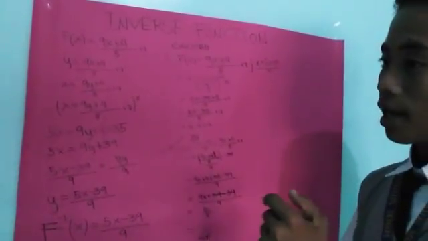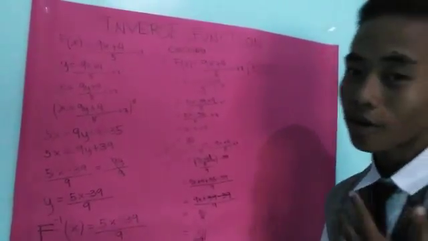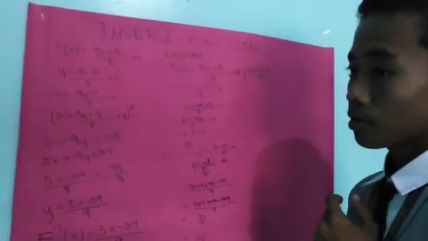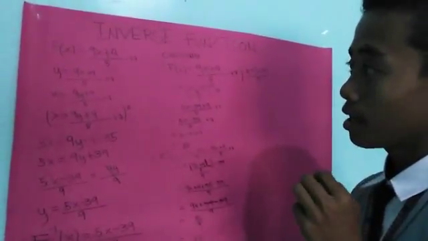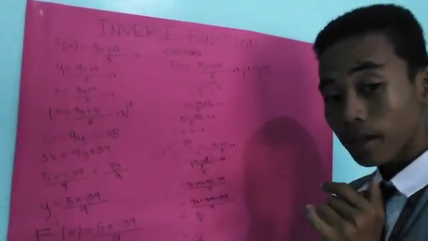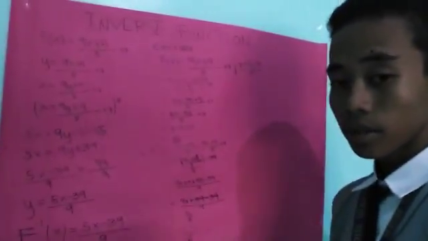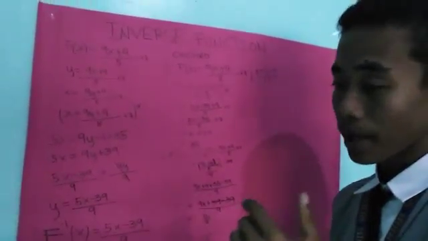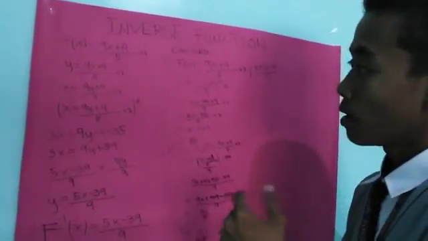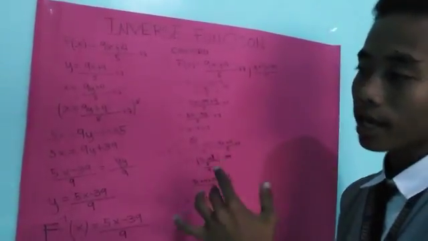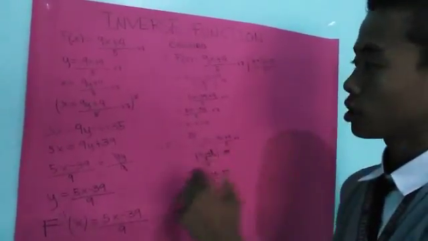Inverse function. This is another example of an inverse function. So replace f of x with y and interchange x and y, solve for the new y from the equation in step 2, and replace the new y with f to the power of -1 quantity x if the inverse is a function.